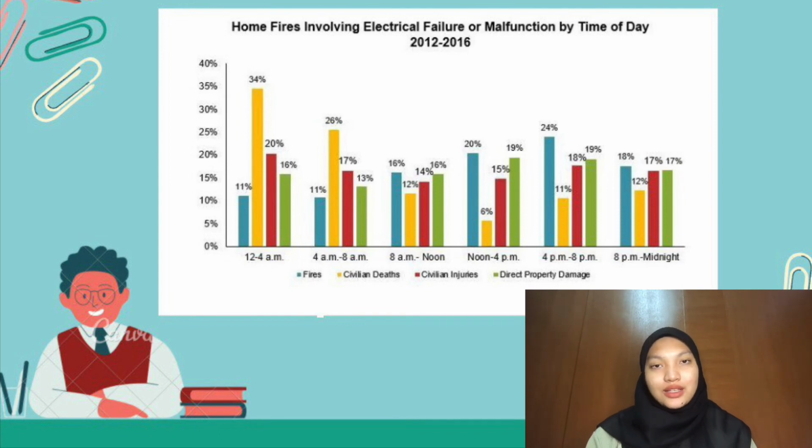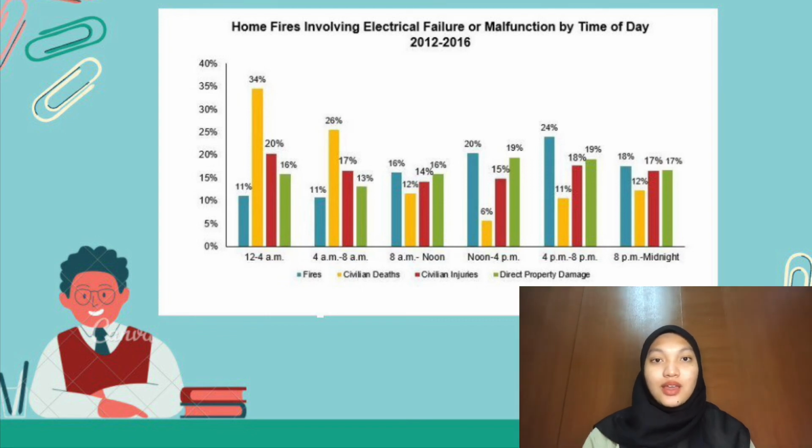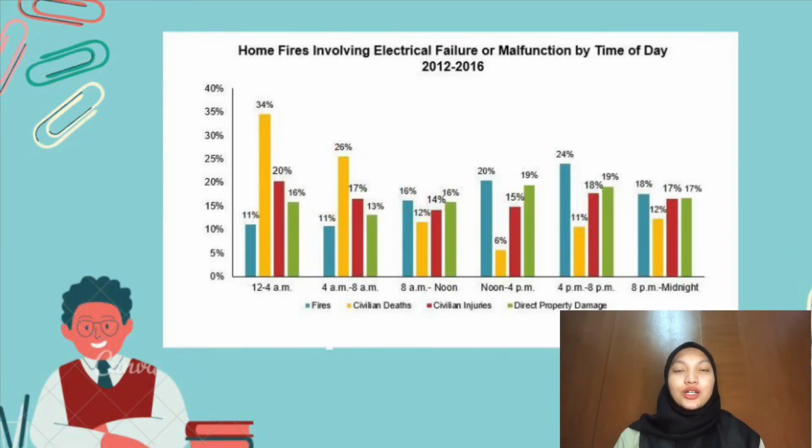Then the civilian injuries decreased 1% from before, and it makes the cases for civilian injuries and direct property damage level off. Last but not least, there was a slight rise for civilian death from 8 p.m. to midnight. Based on this analysis, it can be concluded that civilian death cases is the highest one.